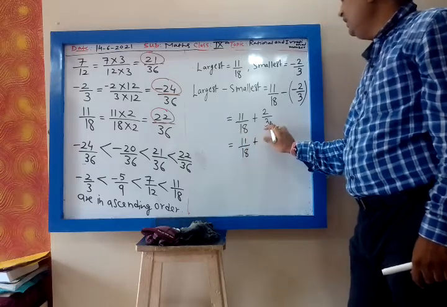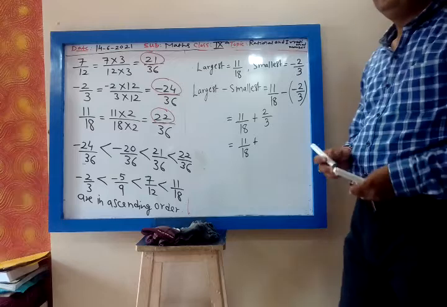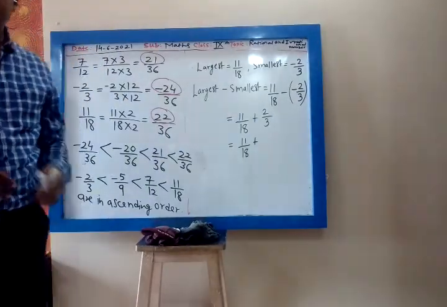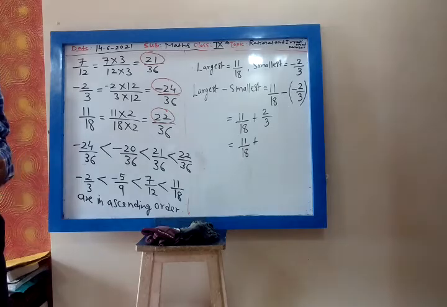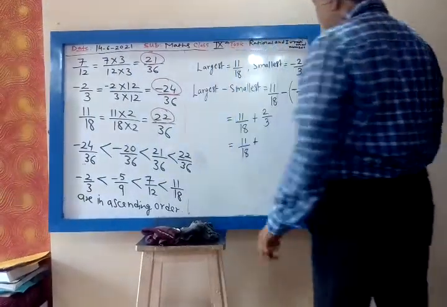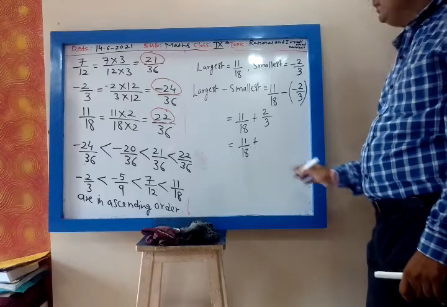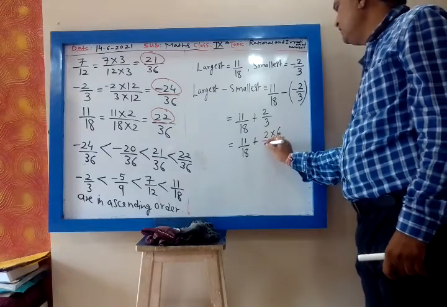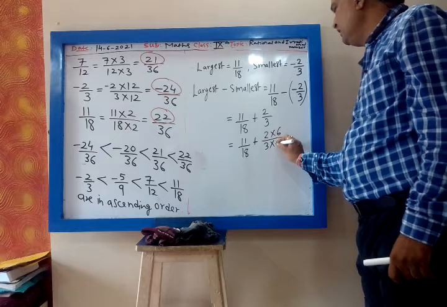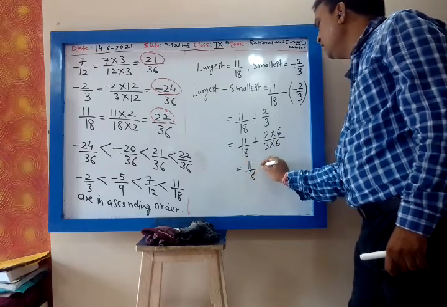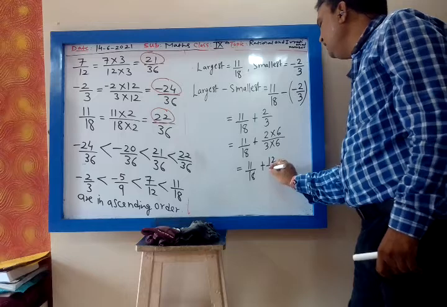To make 2 by 3 as 18, what will you do? You will multiply by 6. So 2 sixes are 12, 3 sixes are 18. Correct. So that is 11 by 18 plus 12 by 18.